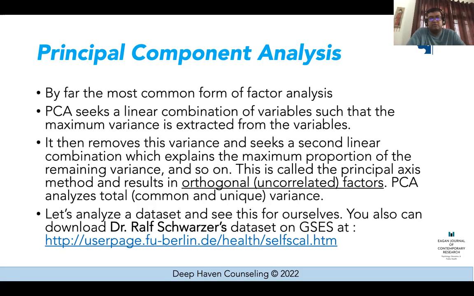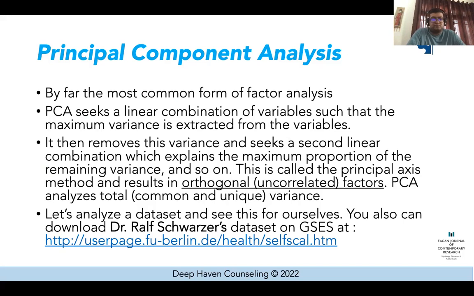We were talking about PCA, about the variance and how it is extracted from variables. So the PCA then removes this variance and seeks a second linear combination, which explains the maximum proportion of the remaining variance and so on.